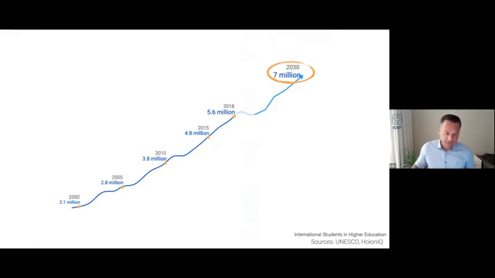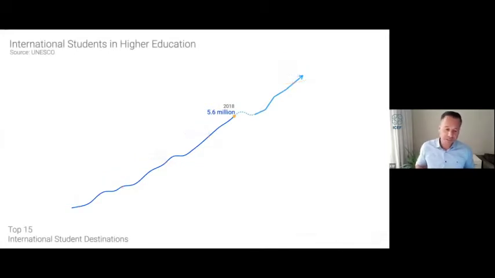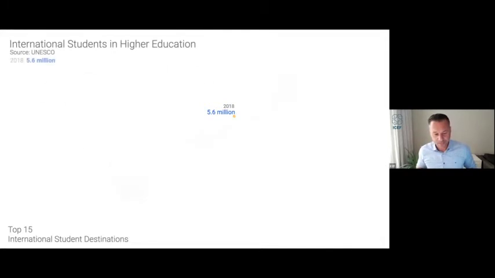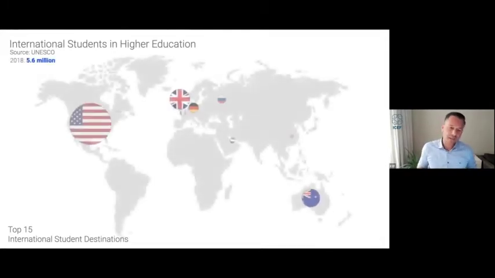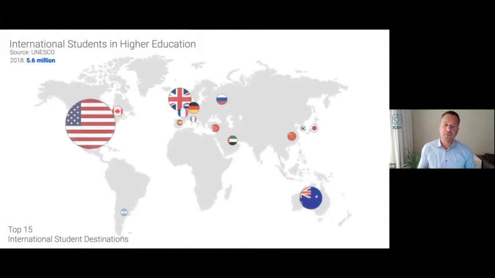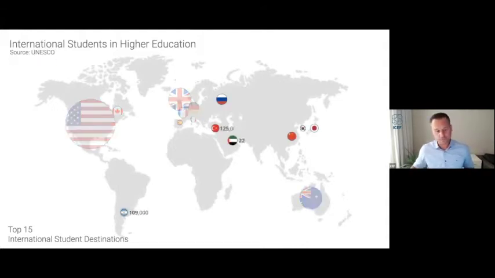As impressive as the size of the international student population may be, these numbers start to have some serious meaning when we look at the main destinations of these students. For an impression of where these students study, I'll use the 5.6 million students in 2018 as point of reference. Shown here are the top 15 international student destination countries, and they can roughly be divided into two groups.